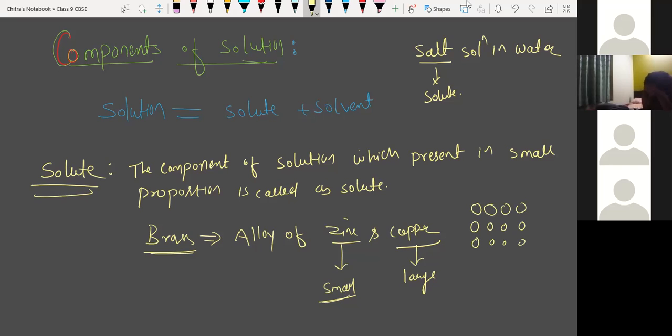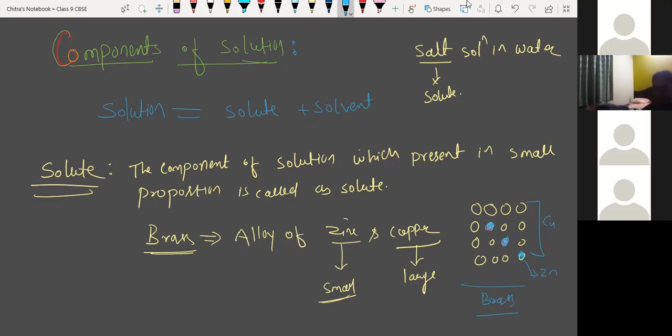If we add an impurity of zinc in copper, then a few particles of copper will get replaced by zinc. That blue particle belongs to zinc. So in the structure of copper, we have an impurity of zinc. So it is called brass.